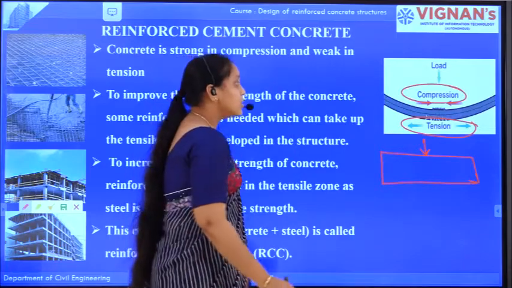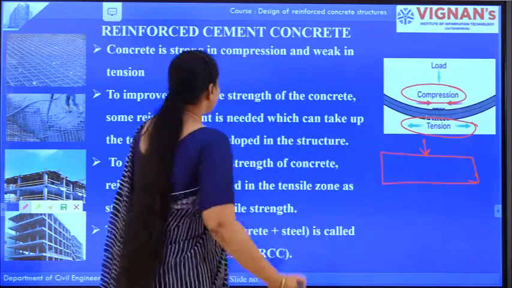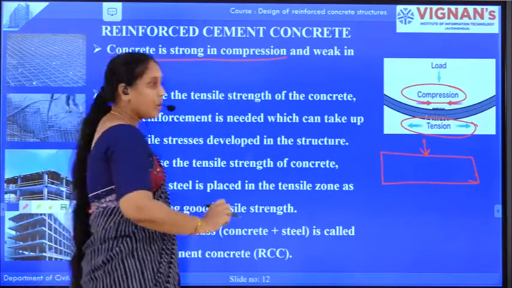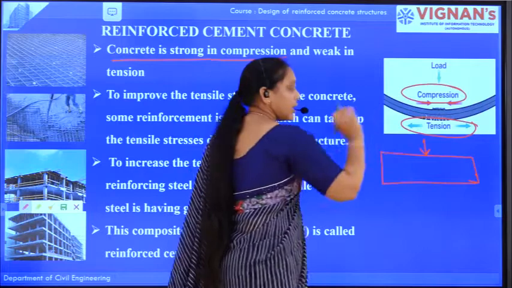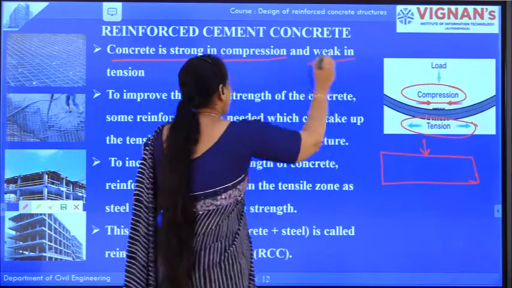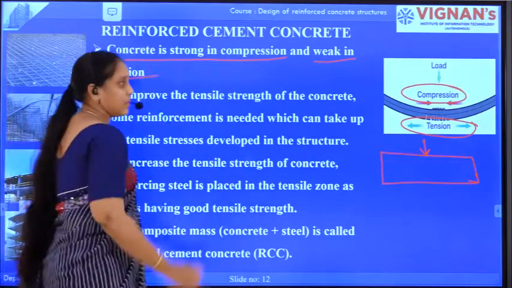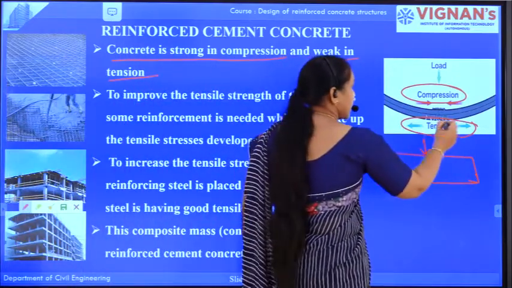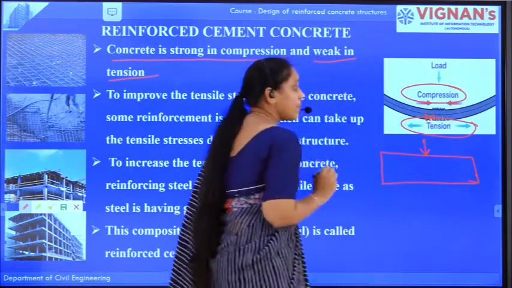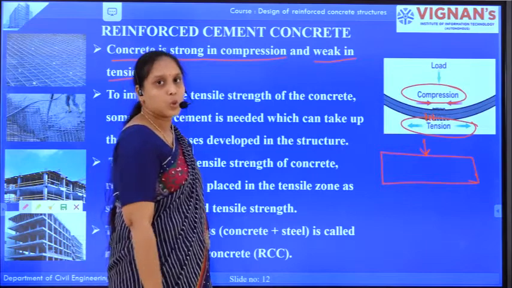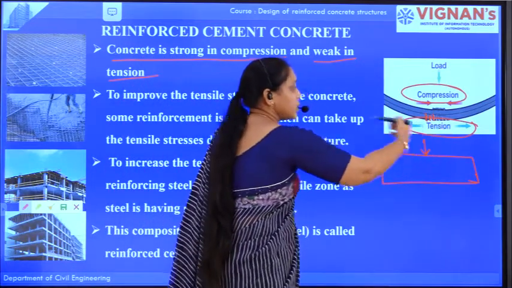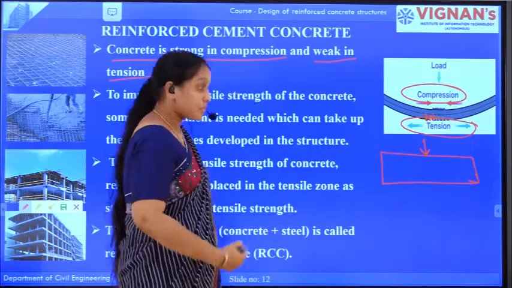Concrete is strong in compression, so it is resisting, but it is weak in tension. Due to that, you can observe the cracks being formed in the tensile zone, as concrete is weak in tension.